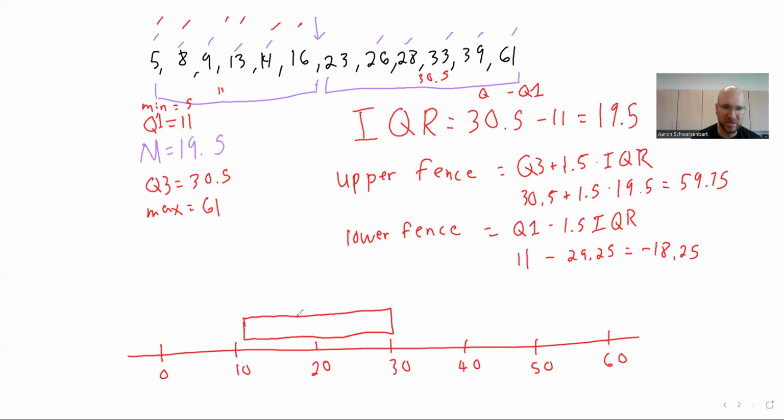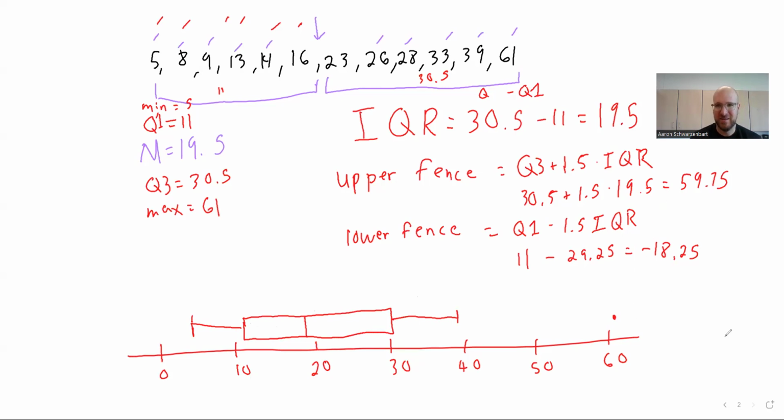The median line goes at 19.5. The min goes down to 5. The upper whisker is going to go to the highest non-outlier, which is 39. And then we place a dot for any outliers, 61. So that is the modified box plot for Roger Maris's home runs.